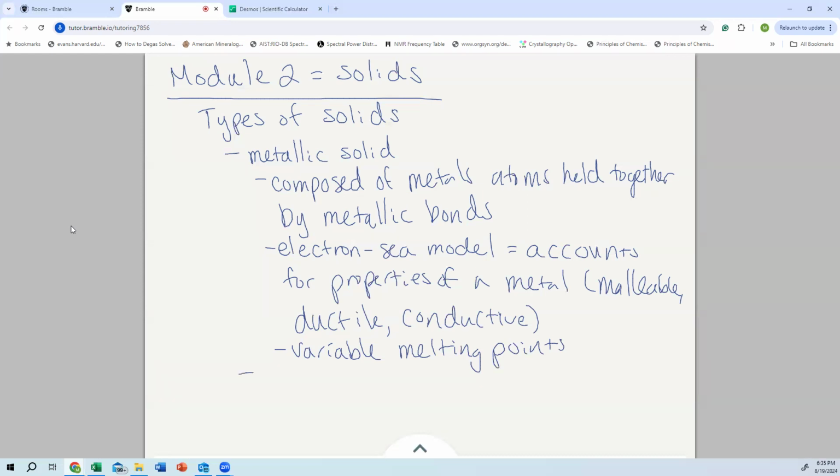Our next type of solid is going to be a molecular solid. Or actually, let's go with ionic solid next. An ionic solid is a solid made of cations and anions. Actually, I'm going to put this on the next slide.